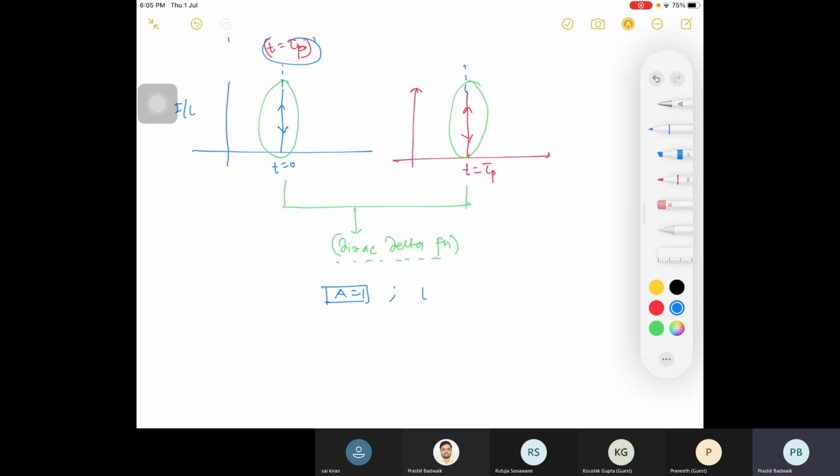The length, whenever I'm saying length, is on the y-axis. Consider y to be infinite. Wait a minute.